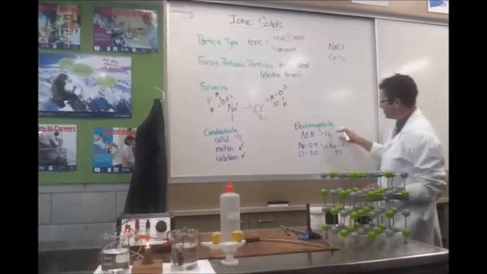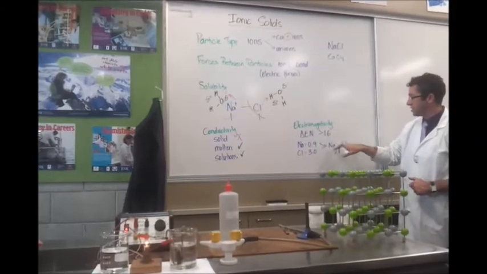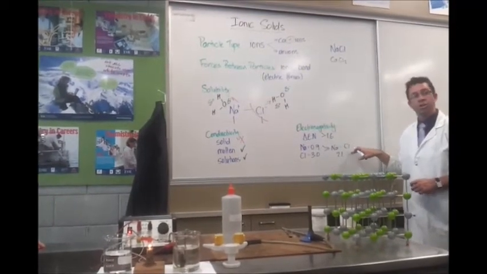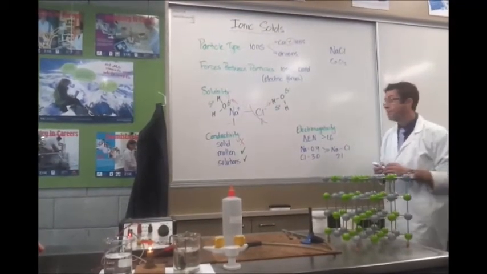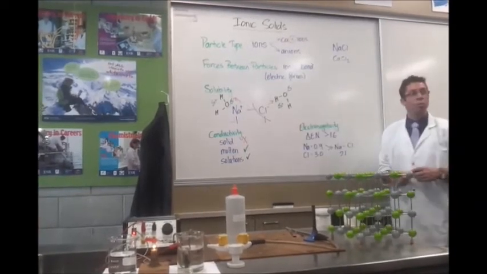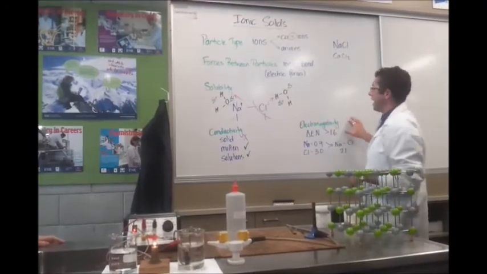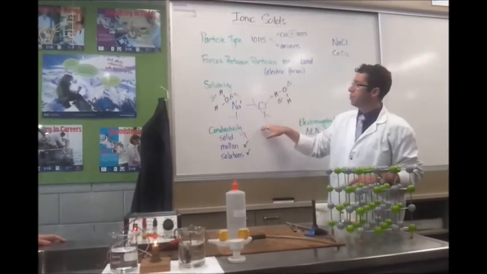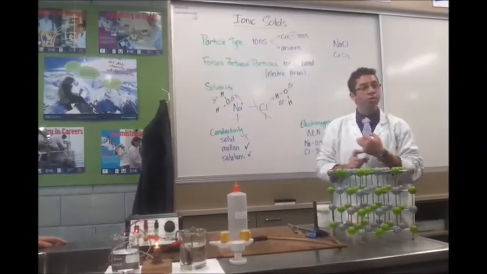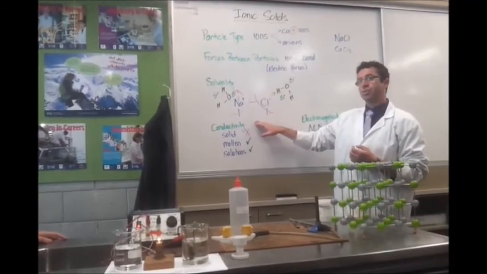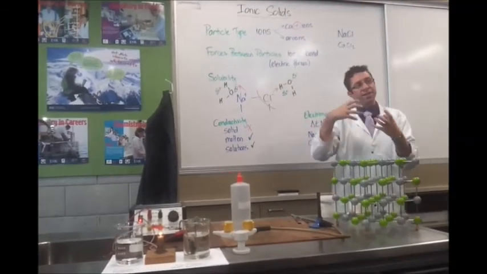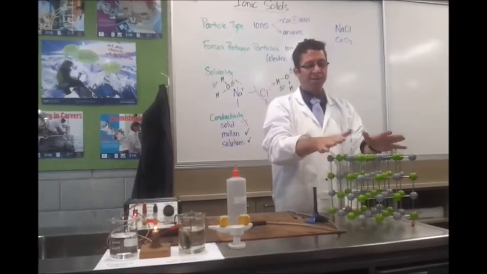Because that number is bigger than 1.6, we know that this is actually an ionic bond, not a covalent bond. Alright? So electronegativity is a really good way for us to determine whether something's got ionic bonds or covalent bonds in it, as well as looking at the typical properties like melting point and boiling point and electrical conductivity. So use all that evidence together to determine whether something is ionic or not.